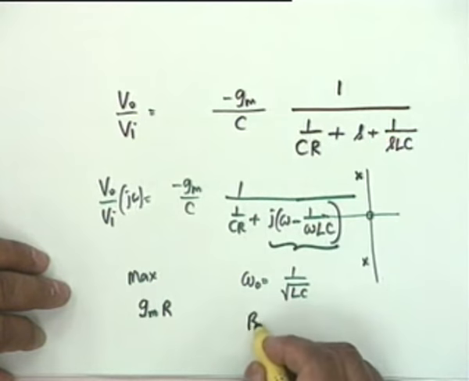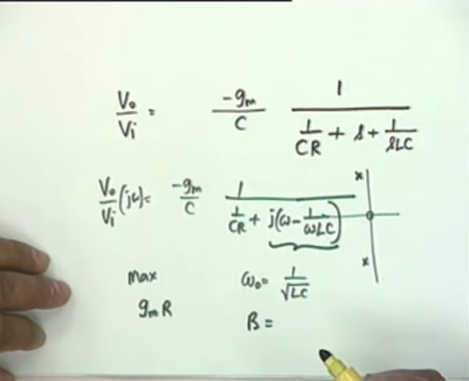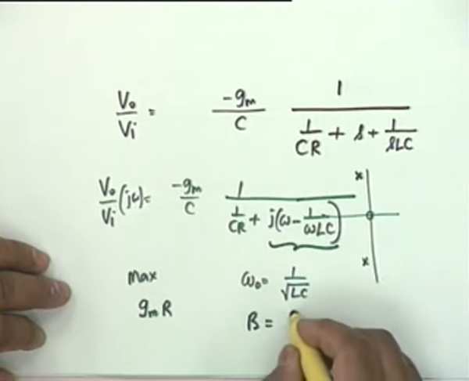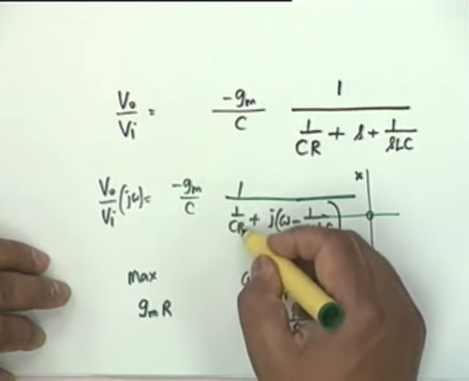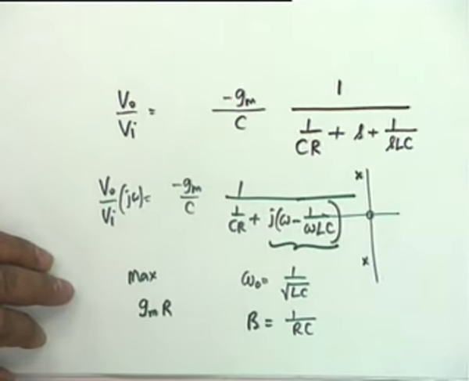And the bandwidth B, can you guess what the bandwidth is? R by L. 1 by RC. It is this factor which is the bandwidth, 1 by CR.